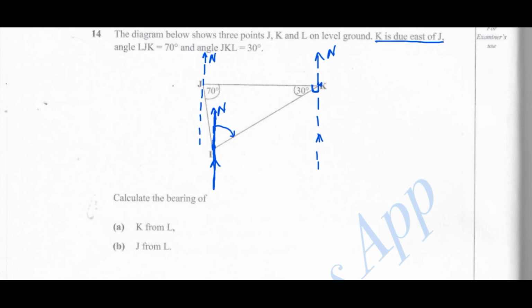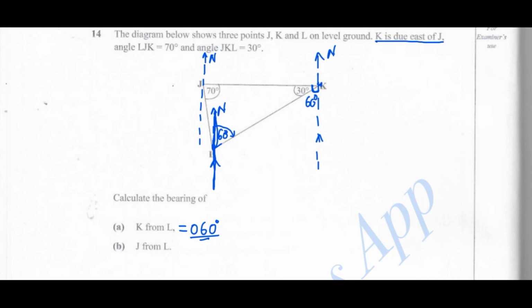If we have an angle of 90 here, we subtract 30 from 90, which gives us 60. Then here we are also going to have 60 because of alternate angles. So our answer is 060. Remember to add a 0 if you have two digits.